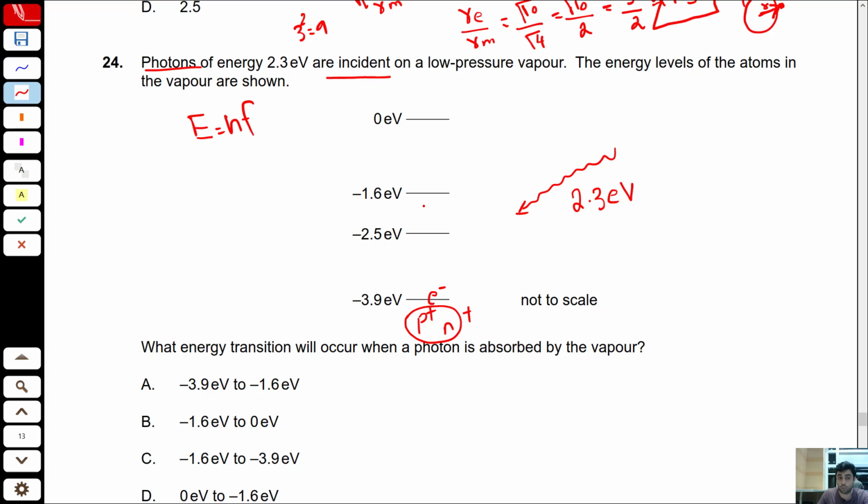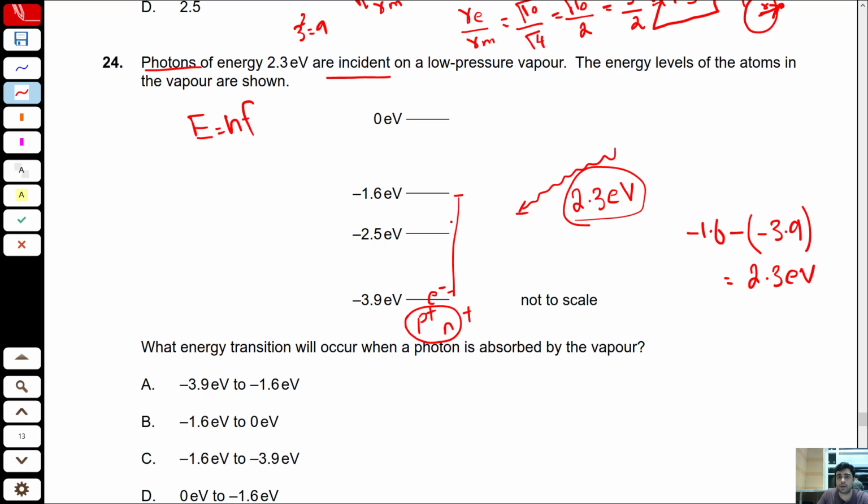It will, if the difference between these two shells is exactly equal to the incoming photon energy. Let's see. So we are at negative 1.6, higher energy level shell minus lower energy level shell, and the lower energy level shell is at negative 3.9. So if you solve it, you will get 2.3 electron volt.